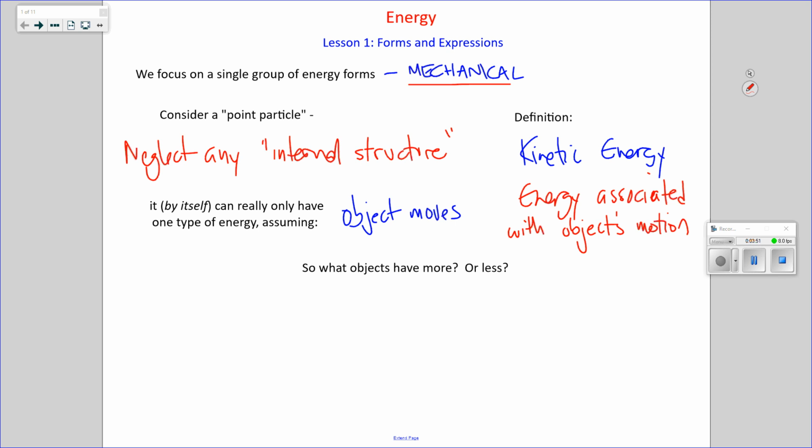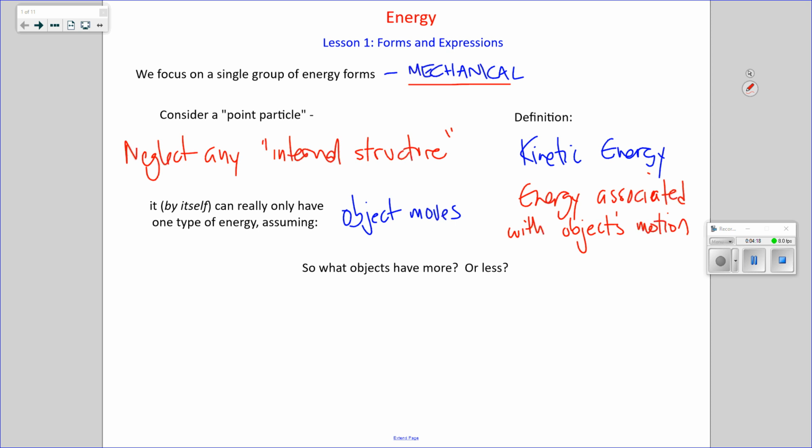So if we make the ball warmer or colder, then there are energies associated with the things that make up the object. We don't want to deal with all that. We want to deal with simple. The thing moves, the thing has kinetic energy. Forget about parts of the thing. The thing has no parts for now. The object is itself the simplest thing we can think of.